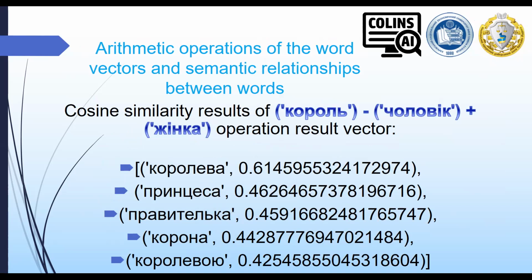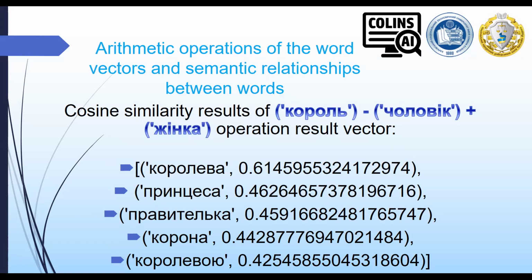Arithmetic operations of the word vectors and semantic relationship between words. New vectors can be obtained as a result of adding and subtracting arithmetic operations on the word vectors obtained from the Ukrainian corpus. The cosine similarities of the vectors obtained by the process were examined in terms of their compatibility with the meaning of the process. The first example is similar to the English example shown by Tomas Mikolov.